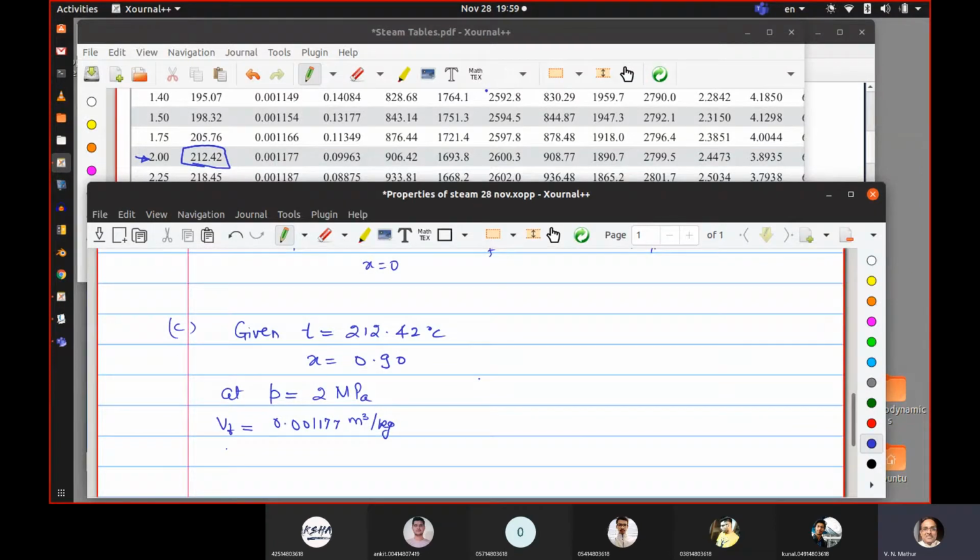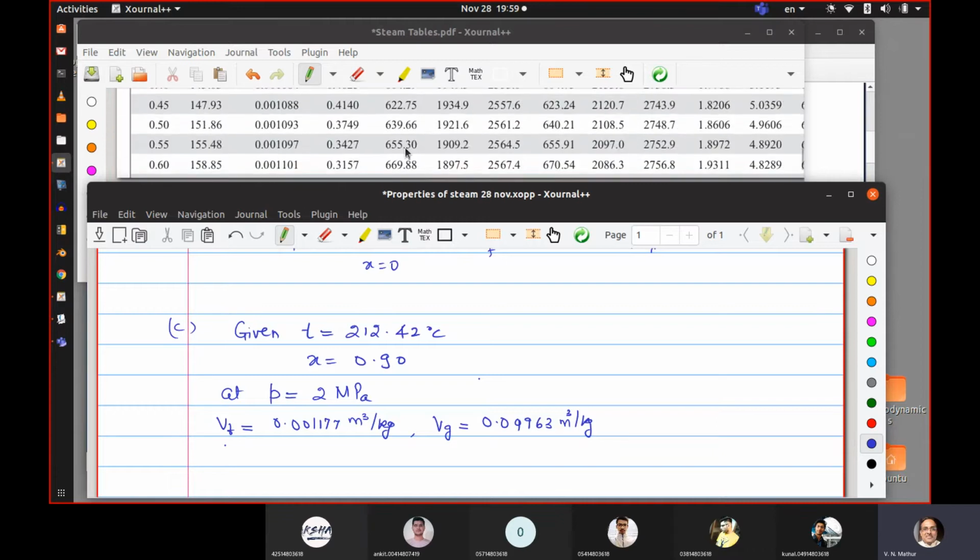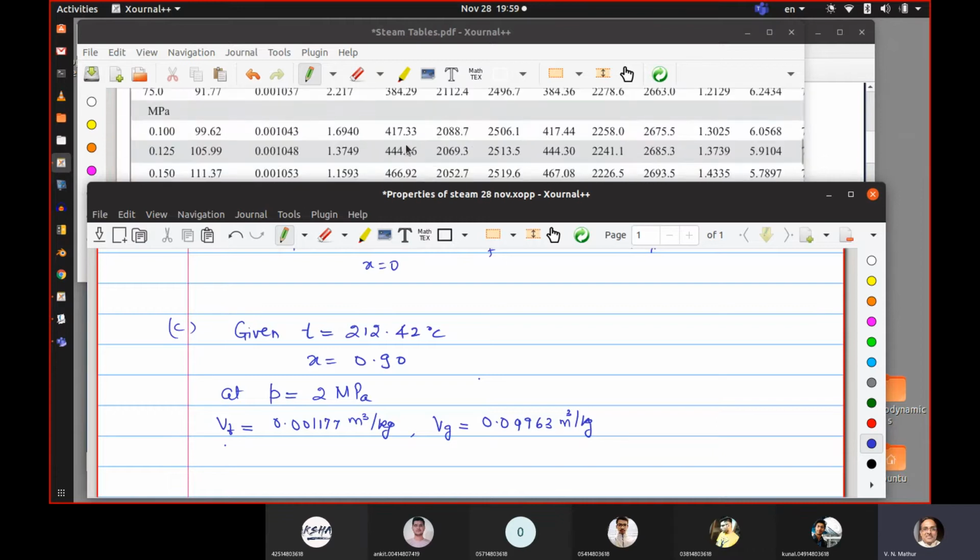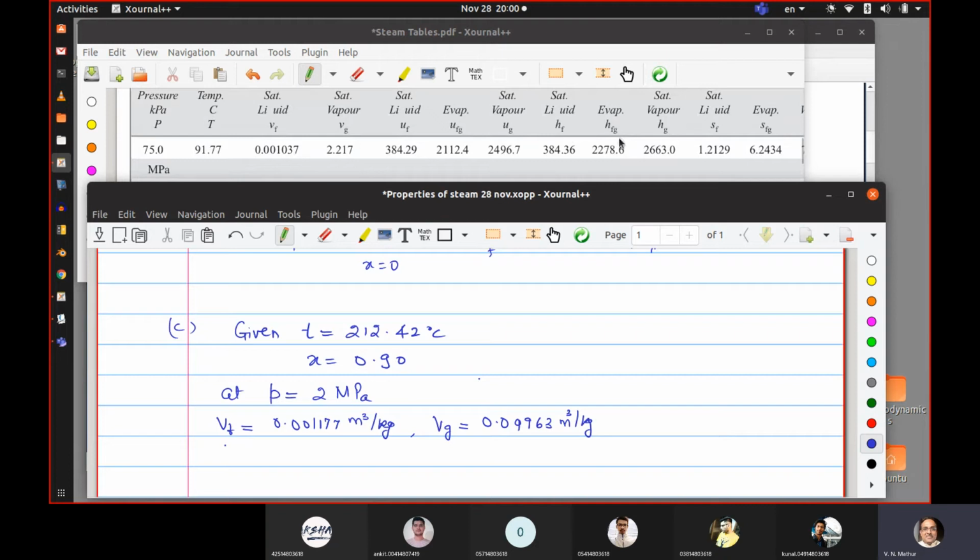Second is Vg. Let us write on this line itself. Vg is 0.09963 meter cube per kg. This is probably internal energy. Yes, these 3 columns are internal energy, and then 3 columns are enthalpy.